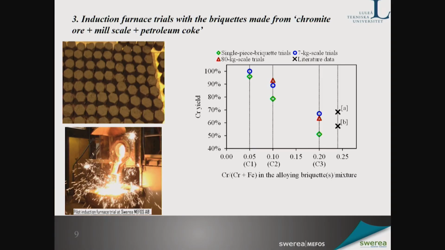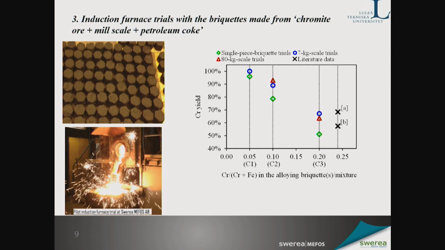And this figure shows the effect of mill scale addition on the chromium yield from the chromite ore. The more mill scale is added to the briquettes, the lower the mass ratio of chromium to chromium plus iron will be, and this will lead to a higher chromium yield.